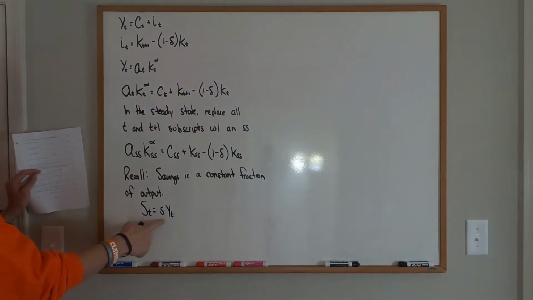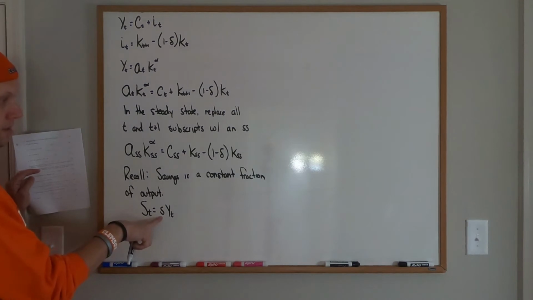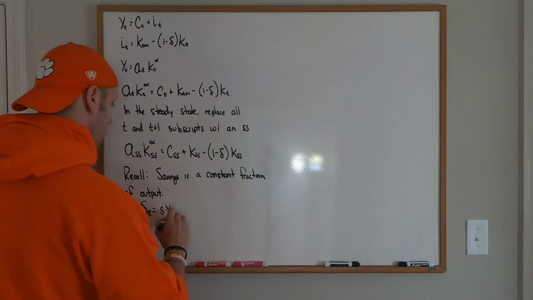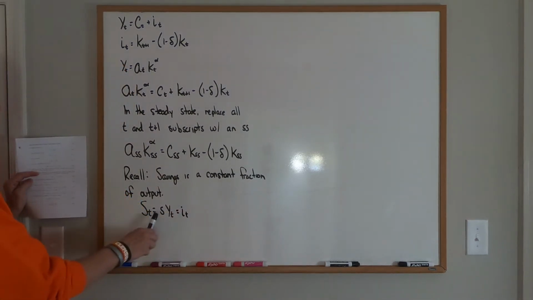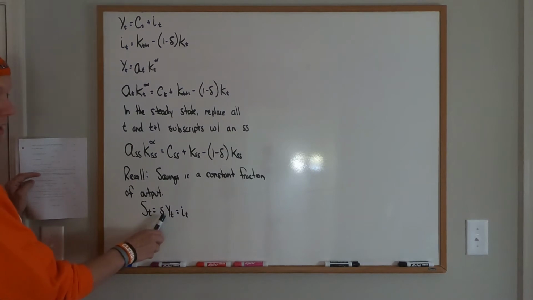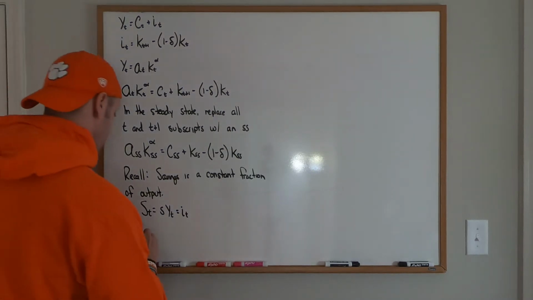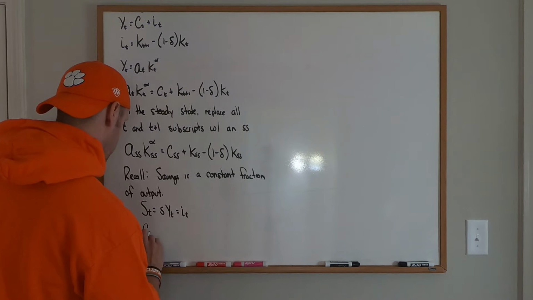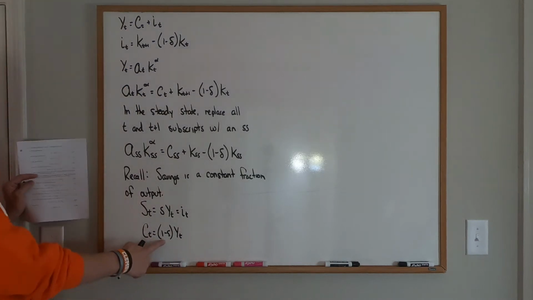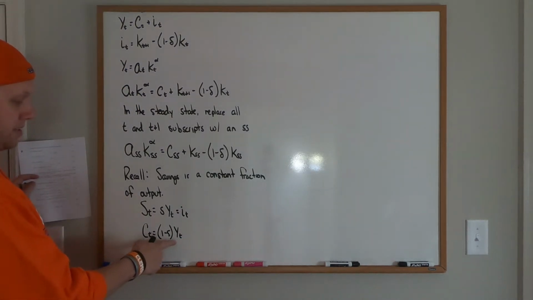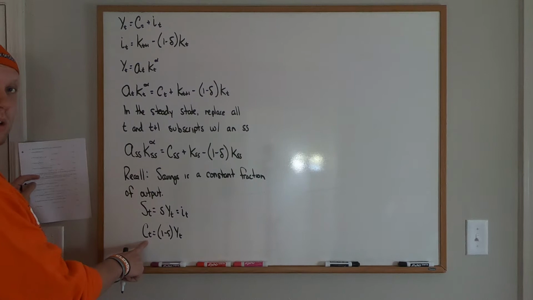Savings is equal to S times YT, where S right here is some constant fraction of output. We remember that was equal to investment. So if S, which is between 0 and 1, is equal to investment, then one minus that fraction, 1 minus S times YT, is going to be equal to consumption.